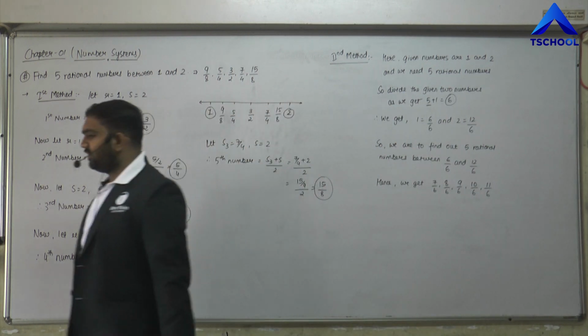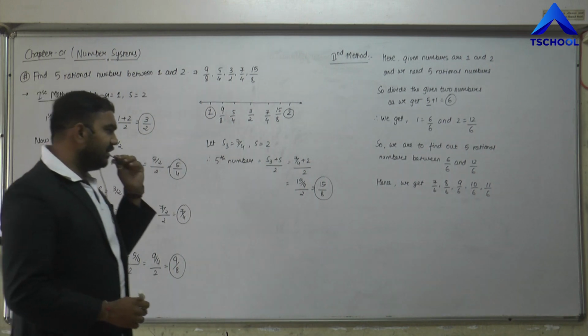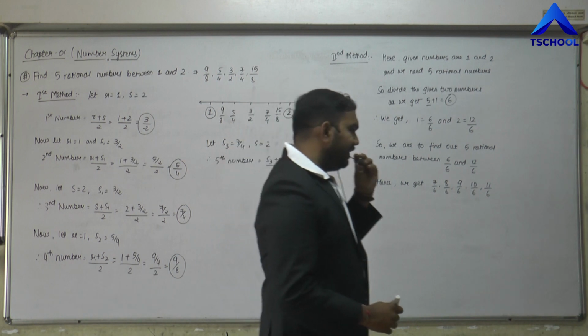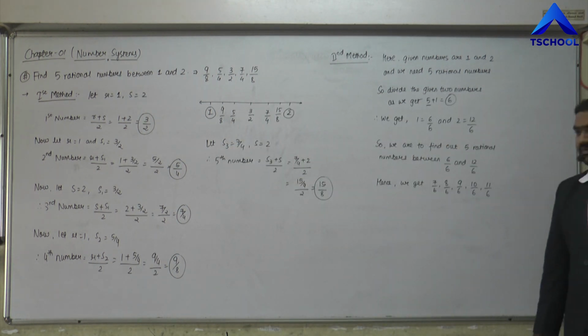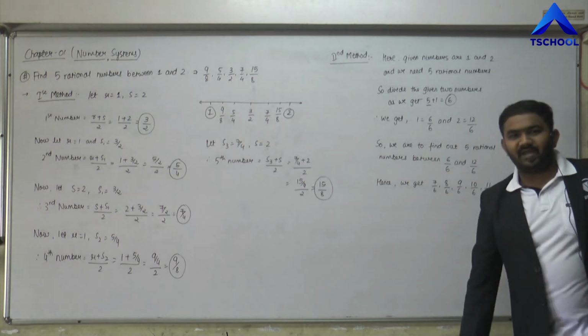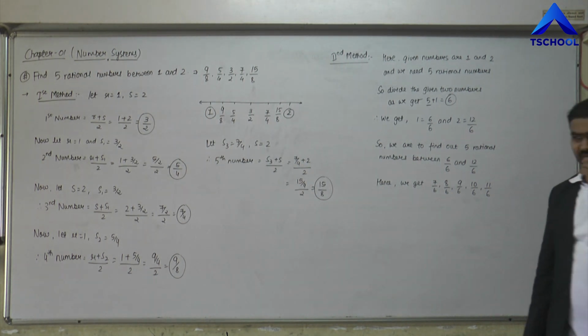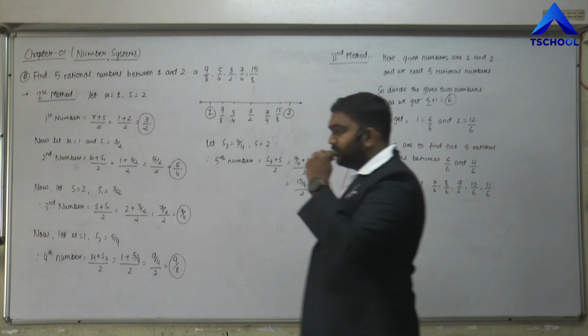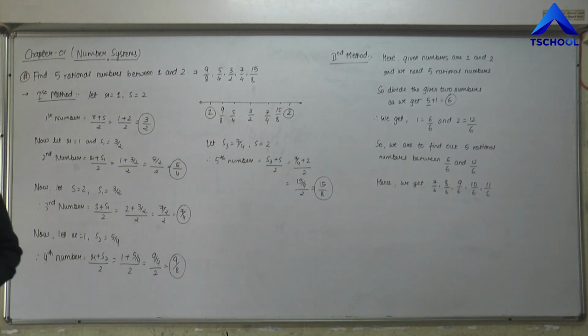Note that friends, we have converted the numbers 1 and 2 such that we get the numbers 6/6 and 12/6. How is it done? By simply dividing the two numbers by 6. 6 that we got from 5 plus 1. 5, that is the number of rational numbers we need to obtain, plus 1, that gives me 6.